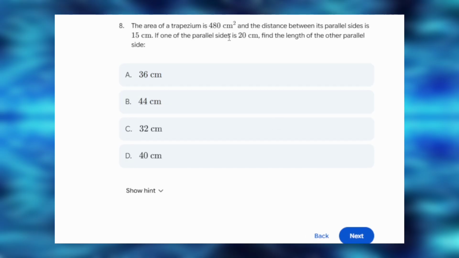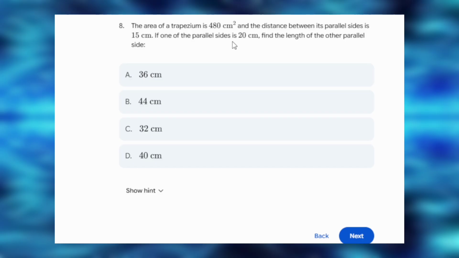Next sum. The area of the trapezium is 480 square centimeters. The distance between the parallel sides is 15 centimeters. If one of the parallel sides is 20 centimeters, find the length of the other parallel side. Here the formula for area of the trapezium is h into a plus b equals 480.